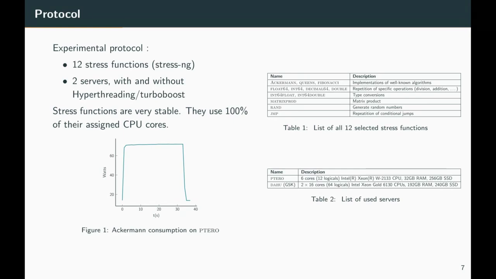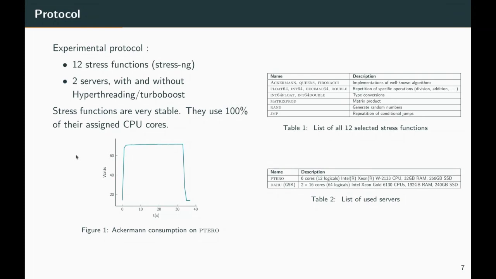So here, for example, the blue curve is the energy consumption on a server while executing one of our stress functions called the Ackermann. We see that it starts and it's very stable. It always does the same thing, and then it shuts down and it's finished. So that's quite convenient to measure at a given stable load.